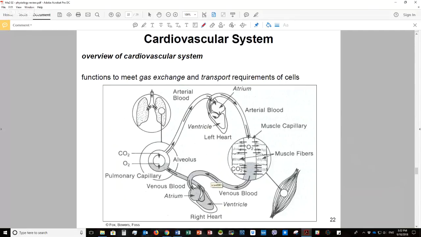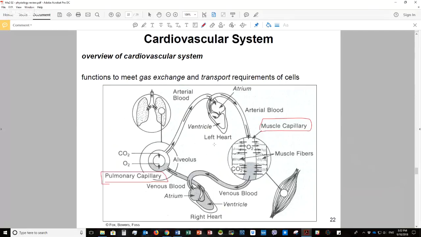Nothing functional actually happens except transportation in there. And then think of the capillaries as, I don't know if we're doing your house or building, then maybe it's the office. So those are the key parts: the heart, the transportation system, which is your arteries and veins, and then the capillaries.